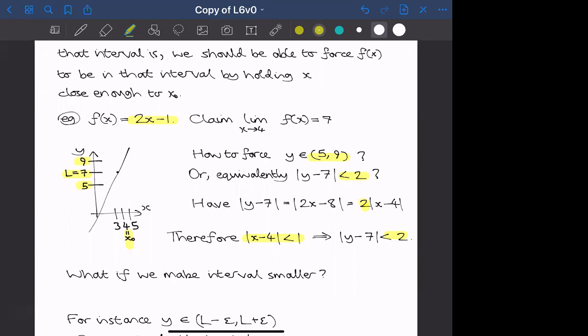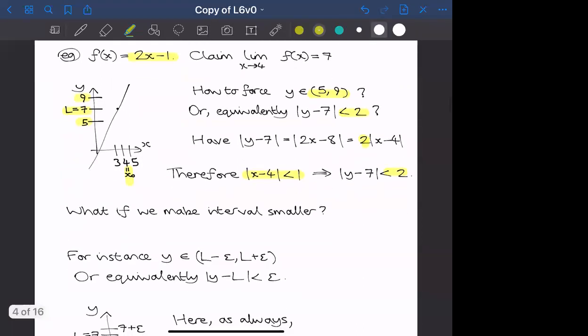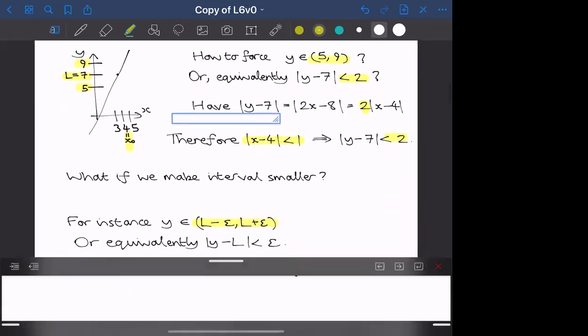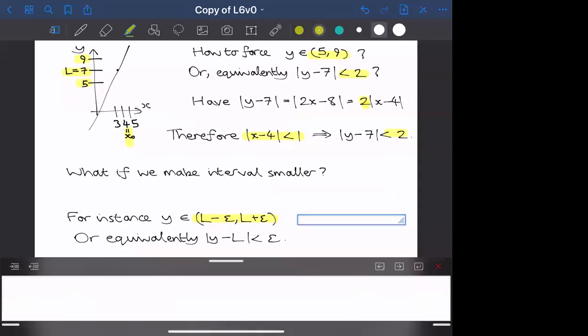But as I say, we have to be able to make this interval smaller. So let's write it like this. Instead of y between 5 and 9, let's take y between L minus epsilon and L plus epsilon.